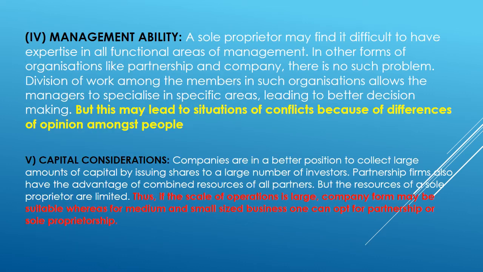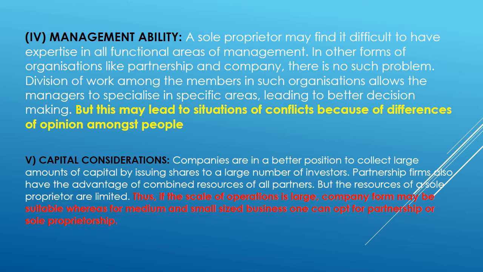Then, management ability. The sole proprietor finds it very difficult because he cannot be an expert in all functions. In a partnership, he also cannot be an expert in all functions, but definitely it is a good venture. Then in a cooperative society, not everybody is there to do the job.